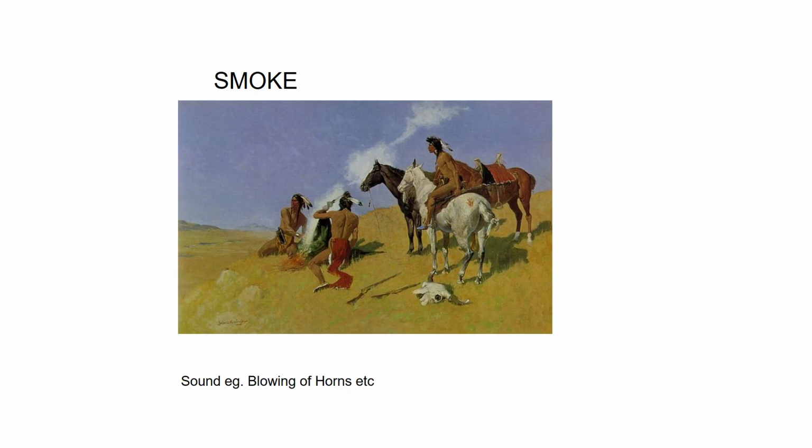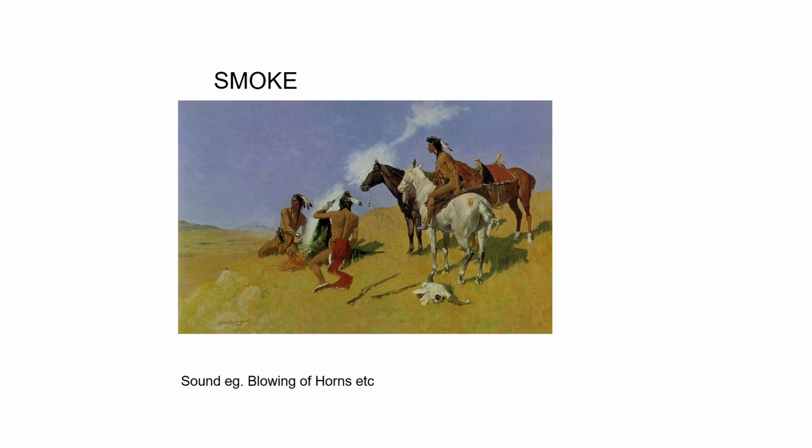We can look at another form of a signal. Here we can see smoke. In the past, smoke was usually used to convey that there is some danger or something is not right. So they would light a fire, and people wherever they're staying could come and probably help.